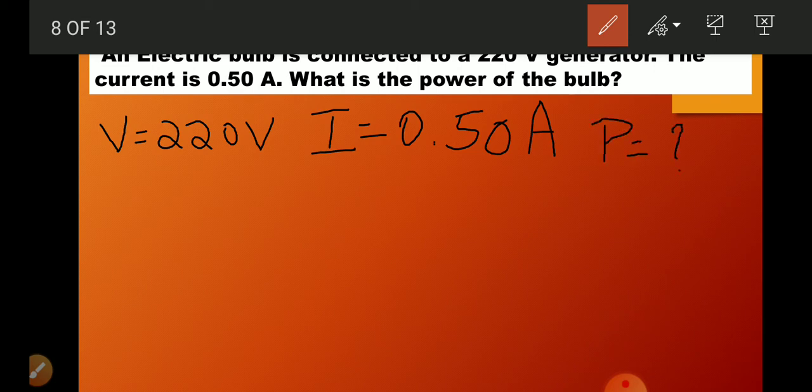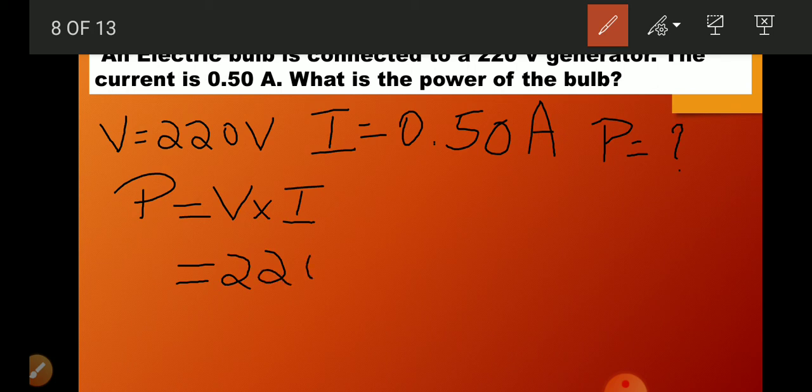V and I are given, so we have the expression P is equal to V into I. Depending on the given quantities, you have to choose the expression to find power. Substituting V as 220 volt and current I as 0.50 ampere, if you multiply 220 into 0.5, you get 110.